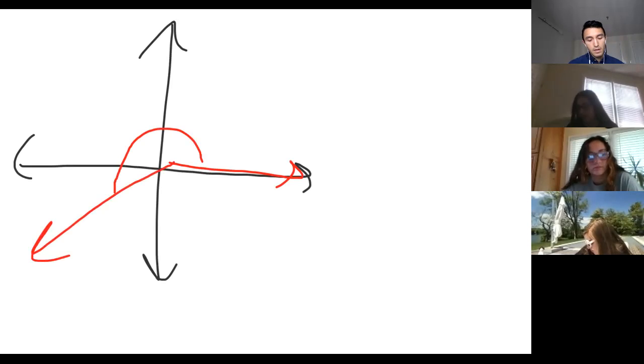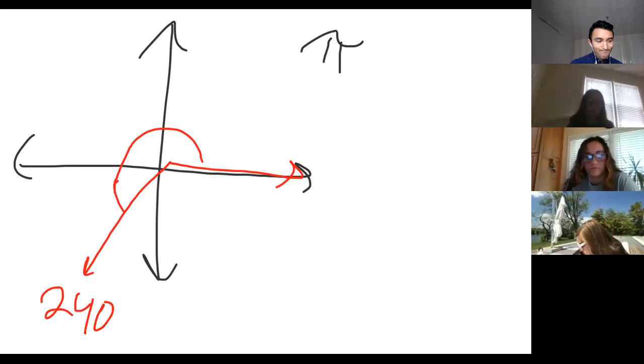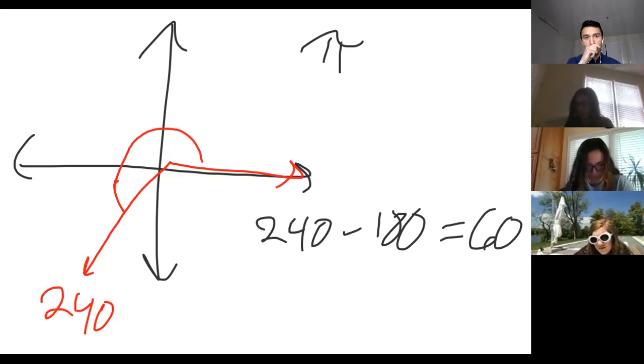Actually, 240 is pretty close to 270. So again, we know we have pi because we passed 180. And then if this is 240, 240 minus 180, the difference is 60, right?